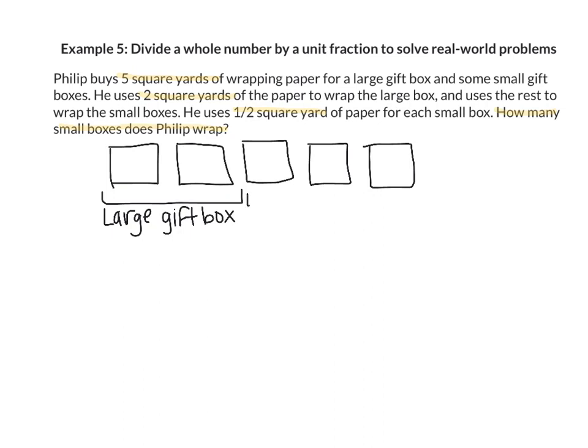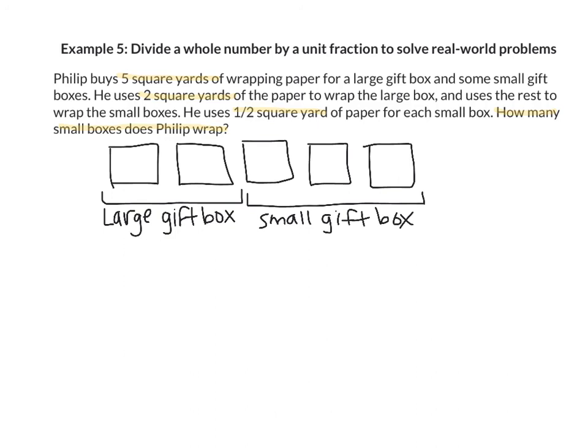And then what's left is 3 yards, and that's what he's going to use for the small gift box. Now the question we're answering is how many small boxes does Philip wrap? And the way that we're going to figure out how many small gift boxes there are is by figuring out the number of 1/2 square yards in 3 square yards.